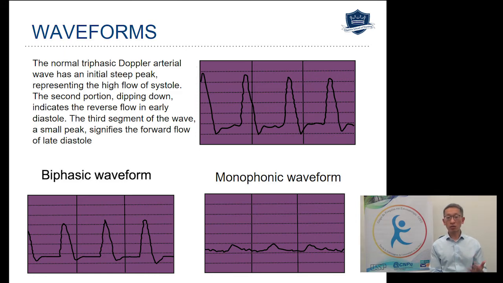We call that a triphasic waveform, indicating there's enough blood flow. If you only hear 2 components in the signal, it's a biphasic waveform, suggesting maybe a slight reduction in blood flow, and monophasic is definitely indicating arterial insufficiency.